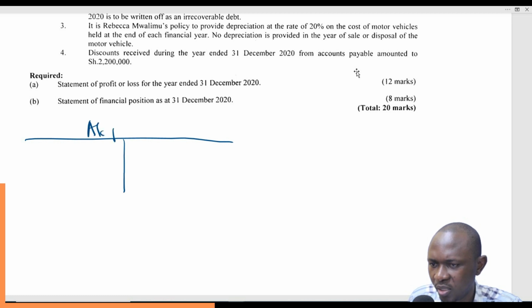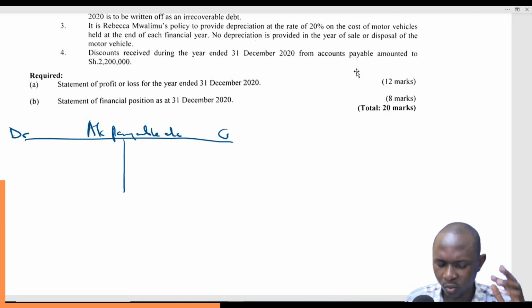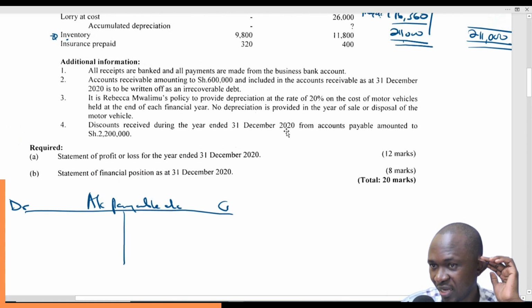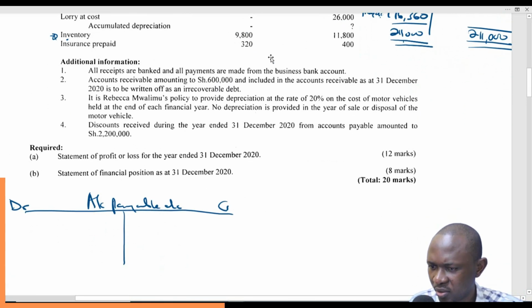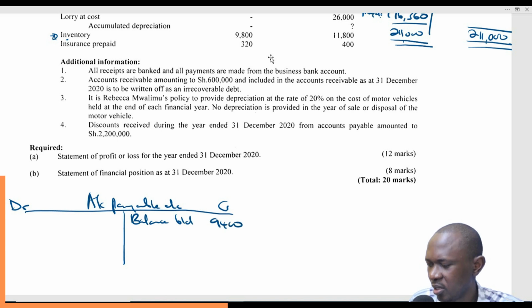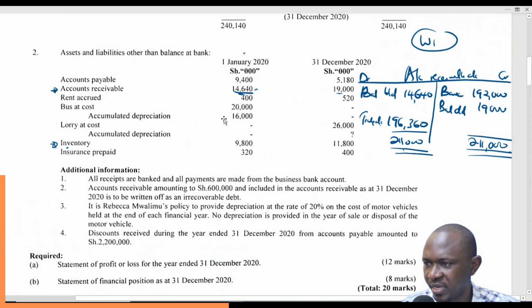This is the trade payable account, with credit and debit sides. Because this is a credit account, we'll have the balance brought down, 9,400.